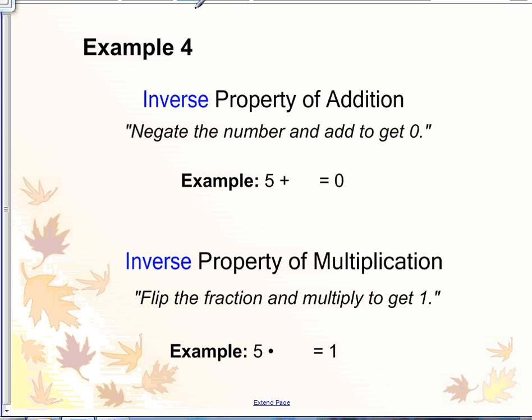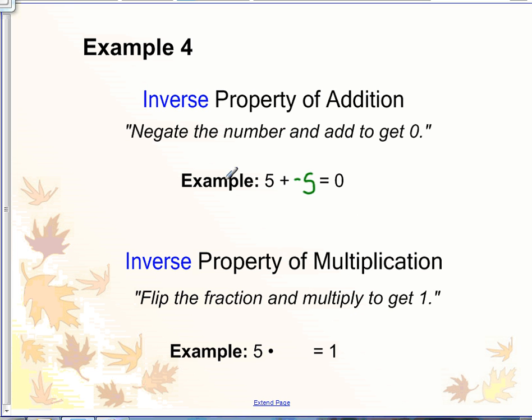All right, the next properties we have are the inverse properties. The inverse property of addition is when you negate the number and add to get 0. So basically what you're doing is adding the opposite. The inverse of 5 would be negative 5, and 5 plus negative 5 would equal 0.